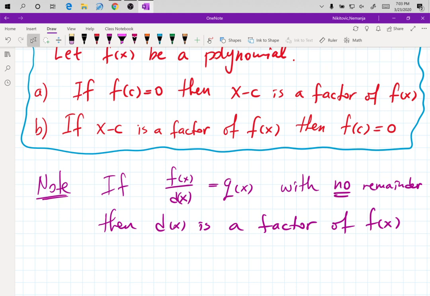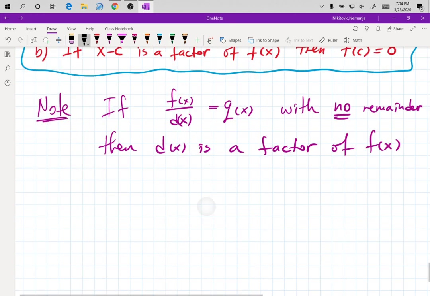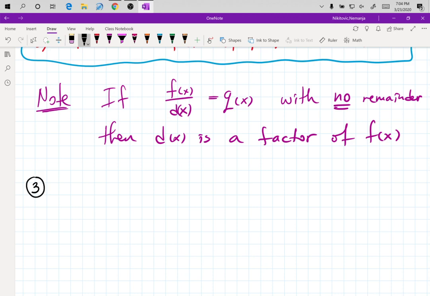So I want to go back to, let's say, problem number 3, so we can put some stuff together. We had x cubed minus 2x squared minus 5x plus 6 divided by x minus 3. Technically, I want to know if x minus 3 is a factor.